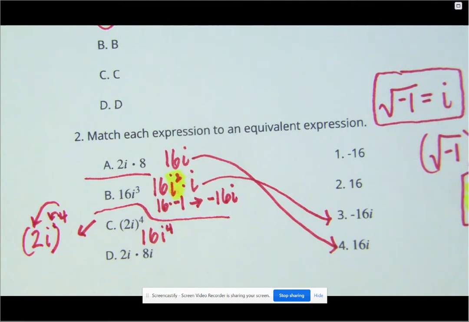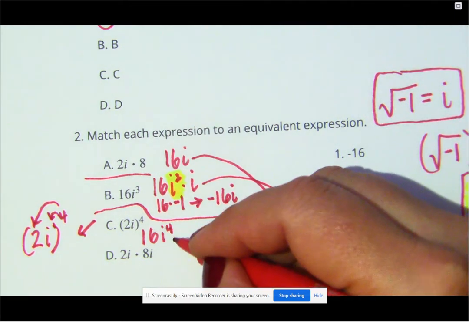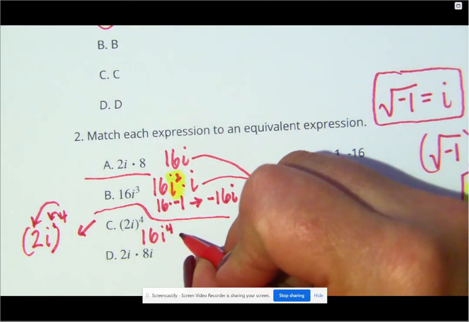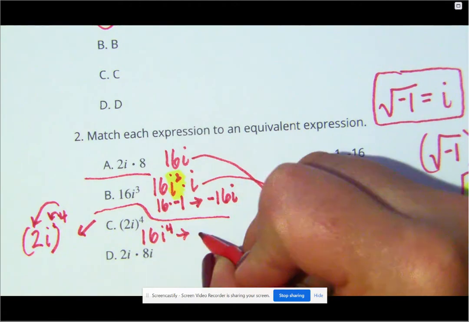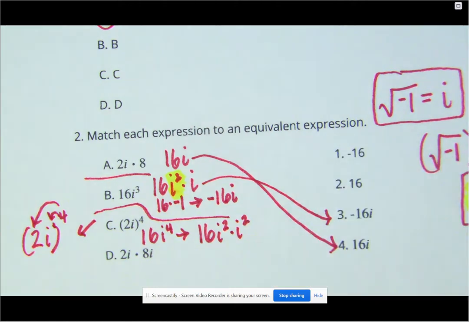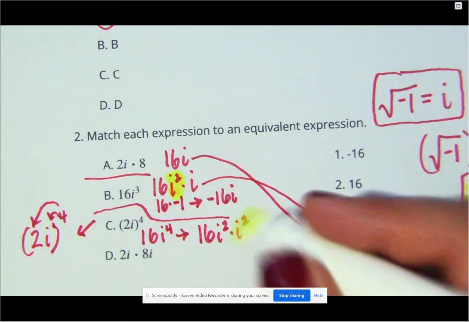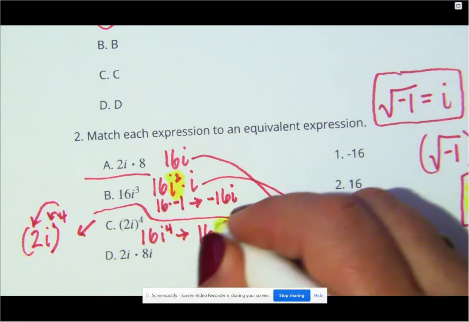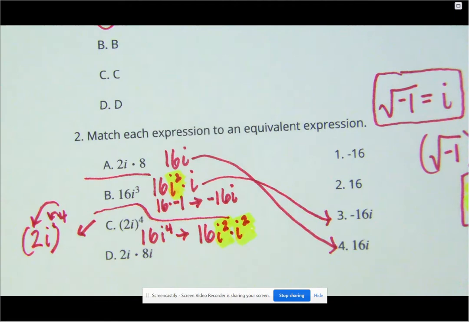Now you see over here, that's not a choice. We need to break down this i to the fourth. So my thinking is that is 16 and an i squared and another i squared. i squared and i squared makes i to the fourth. Why would I want to do that? Because i squared can be replaced with -1. Those are both just -1s.